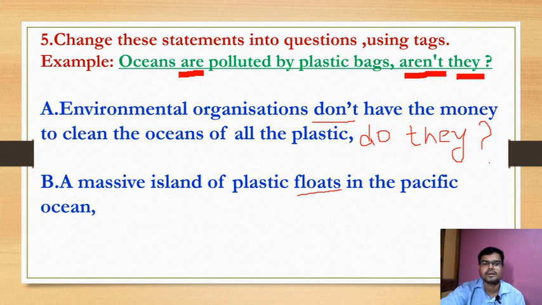The subject is singular, massive island, so we have choices like is. For plural we can use are, and we know that with I we can use am, but here they have used a different subject, not I, hence we can write is.